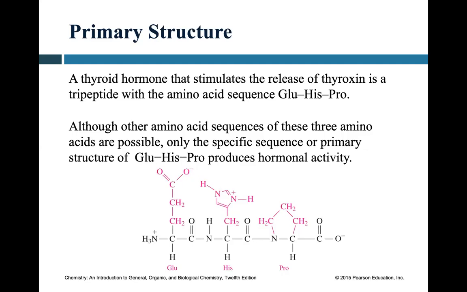But only this specific sequence, or if you want to put it into a different parlance, only this specific primary structure of glutamate, histidine, proline actually produces hormonal activity. The reason for that is your body only recognizes that sequence.